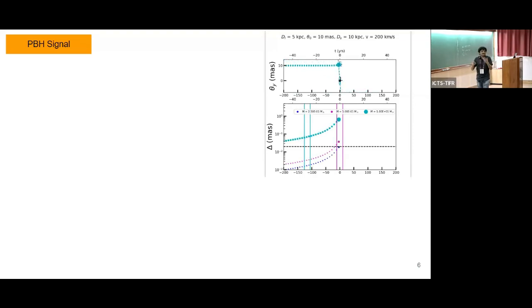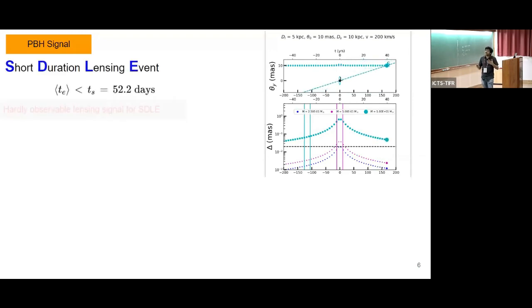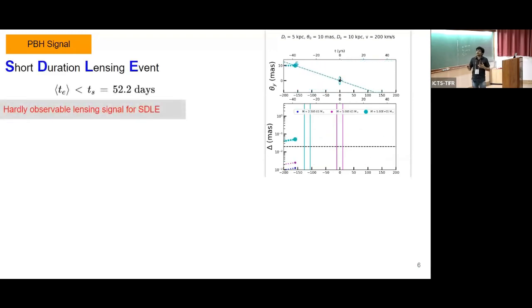As I showed you, Gaia is going to give you on average 35 measurements within 5 years, which turns out to be 52.2 days. So if this duration is less than that, you are going to miss that signal. That is the kind of signal which we defined as a short duration lensing event. And we assume that it is hardly going to be observed by Gaia, although it is not strictly true.